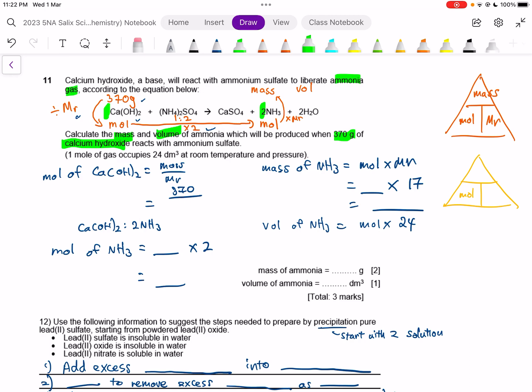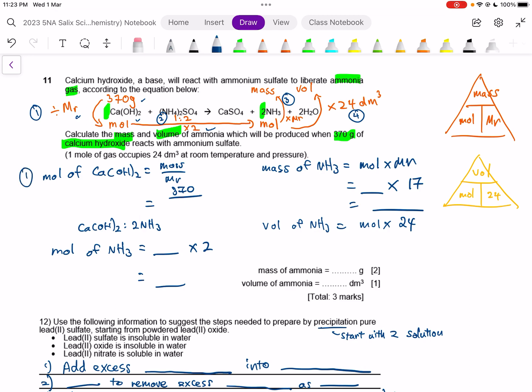So in this case, I multiply by 24 dm cube to get the volume. So step number 1, step number 2 is the mole ratio, step number 3 is mole times MR of ammonia to get the mass, and the fourth thing I do is mole times 24 to get the volume. So there are 4 different steps I do.